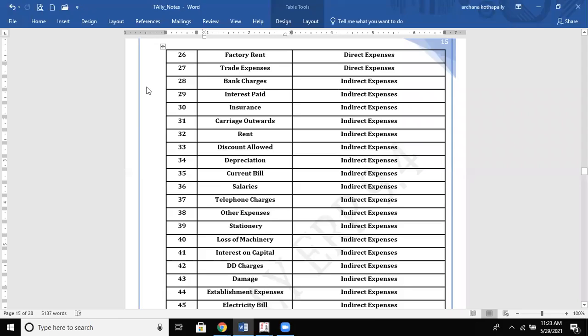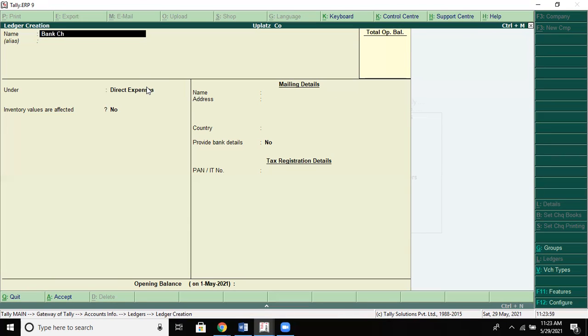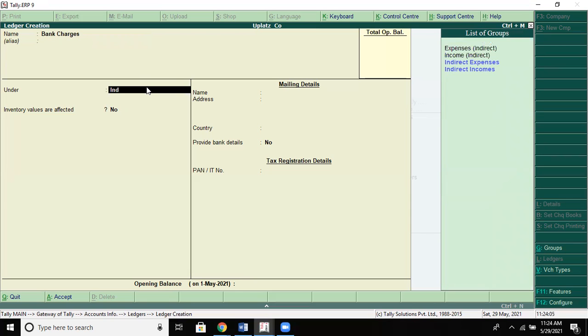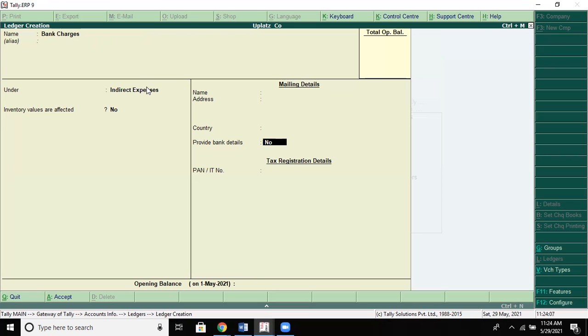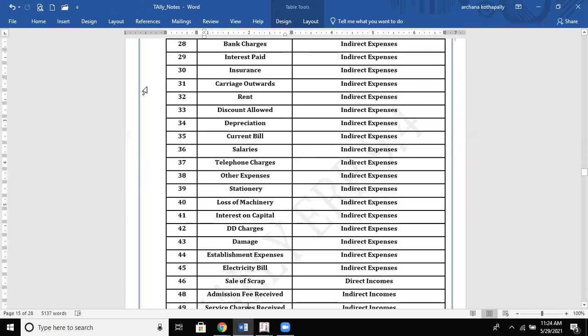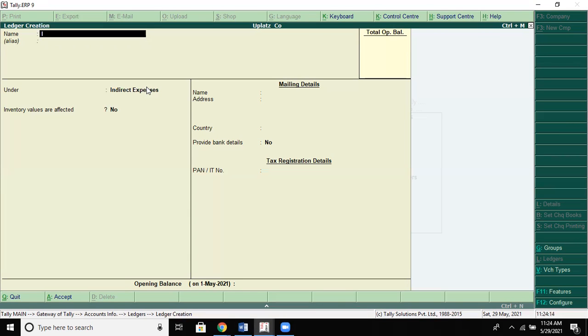Next comes bank charges. So bank charges is your operating charges, nothing related to your manufacturing. So it would be under the indirect expenses. Interest paid. Interest paid is all about your indirect expenses.